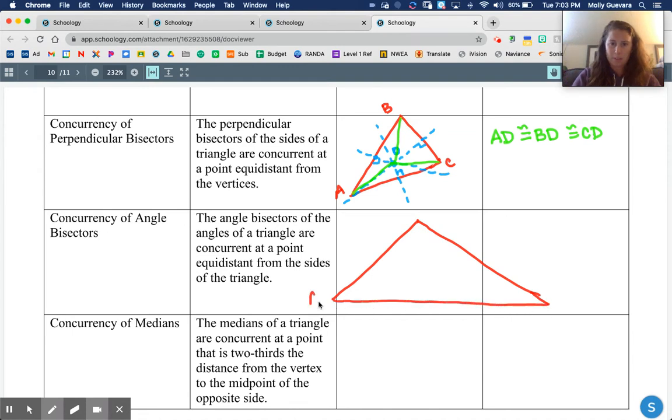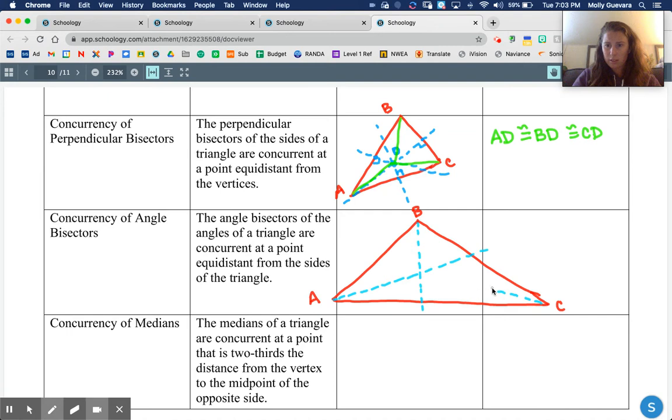Okay, so here's my triangle A, B, and C. Now I'm going to find the incenter where the angle bisectors meet. So I'm going to cut angle B in half and just kind of draw it down. I'm going to cut angle A in half. And I'm going to cut angle C in half.